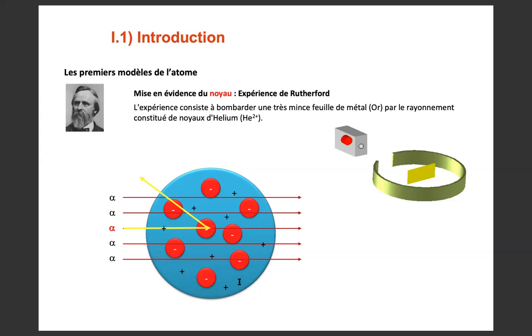But the nucleus, or noyau, which is made up of both positive and neutral charges, is a big particle, of great quantity, so when an alpha particle is subjected to the nucleus, it is deflected. All in all, Ernest Rutherford was the one that led to the discovery of what you now call the noyau, or the nucleus.